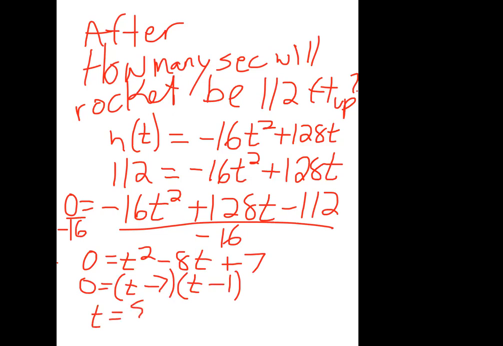So that means I have two values for t, positive 7 and positive 1, which makes sense because remember, it's going to hit 112 feet once on the way up at 1 second and then once on the way down at 7 seconds. So they specified in letter B that they wanted it on the way up. So that's how I know that my answer is just the 1 second. Okay, so I hope this helps. And this is pretty much exactly what you're going to do to apply to all of the other questions.